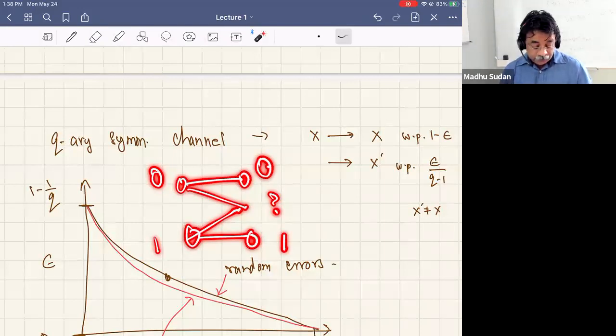You can define the same model not just as a random model, but also as an adversarial model. But an adversary is not allowed to change a 0 to a 1, only allowed to change 0s and 1s to question marks. Then you can ask how well can you list decode this?